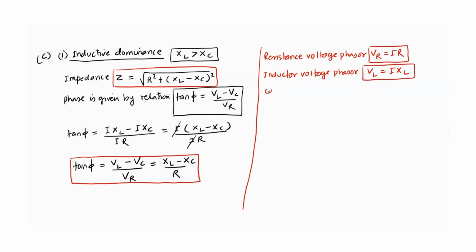Capacitor voltage phasor, this is VC equals I times XC.